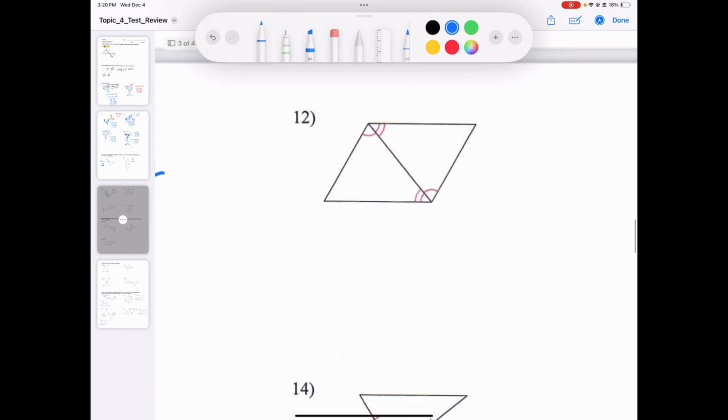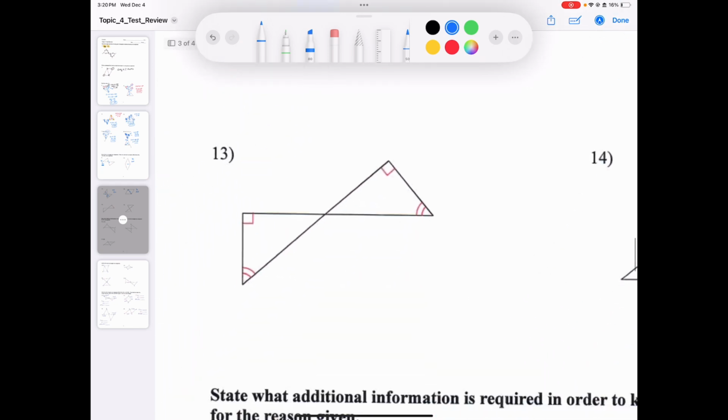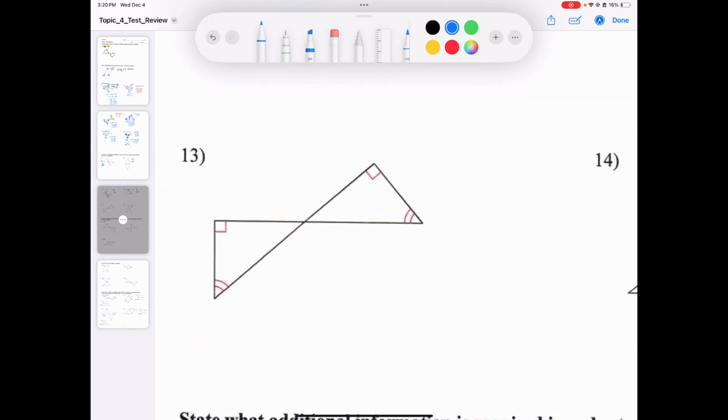Number 12, they share a side, so I'm going to mark it. I've got two angles and a side, so that makes yes. Now the angle, side, angle. That one's done. Number 13, oh, I've got another right angle. I can mark these, but I don't have any legs.